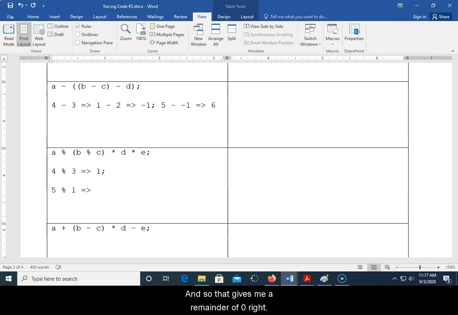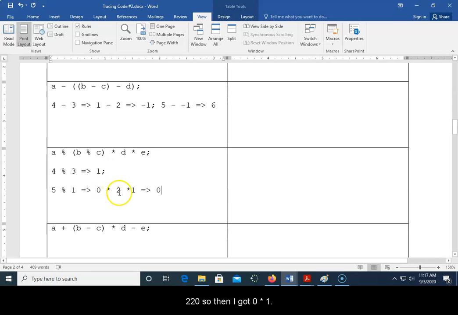And so that gives me a remainder of 0, right? So 1 goes into 5 five times with a remainder of 0. So 0 times anything is 0. So 0 times 2 times 1, that's just going to give me 0. Okay, 0 times 2 is 0, so then I got 0 times 1 is 0.